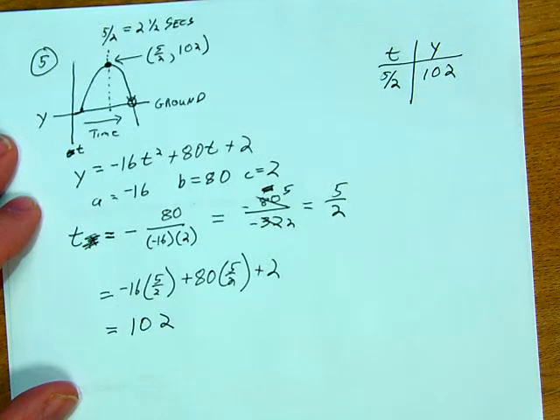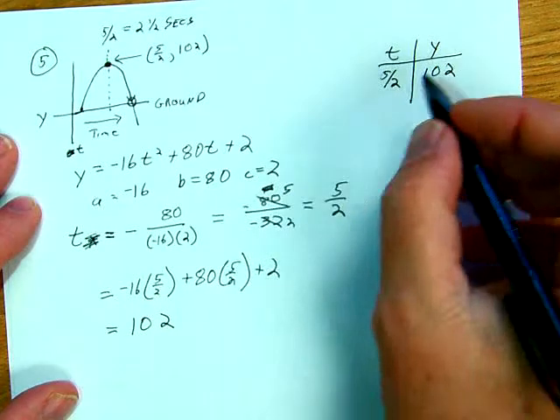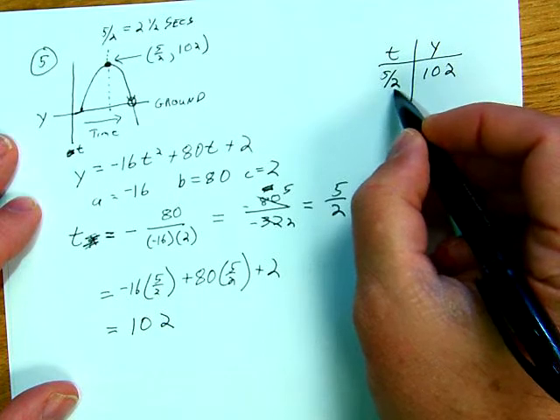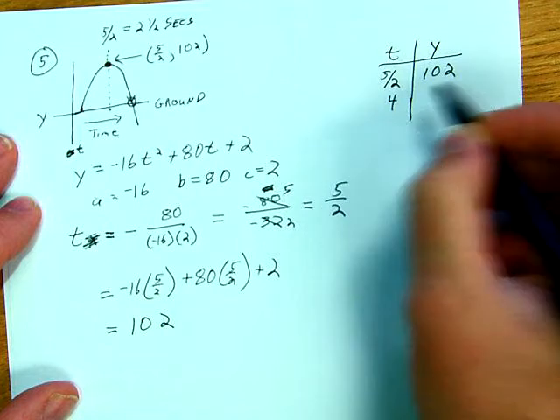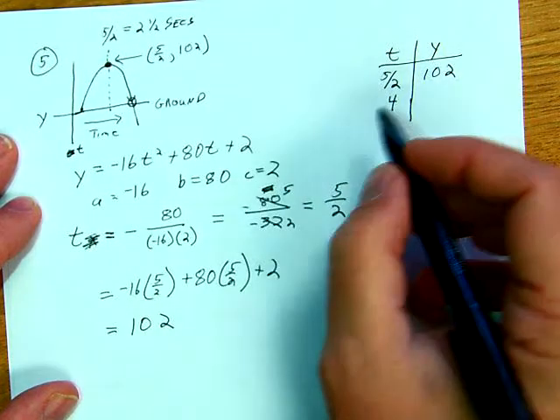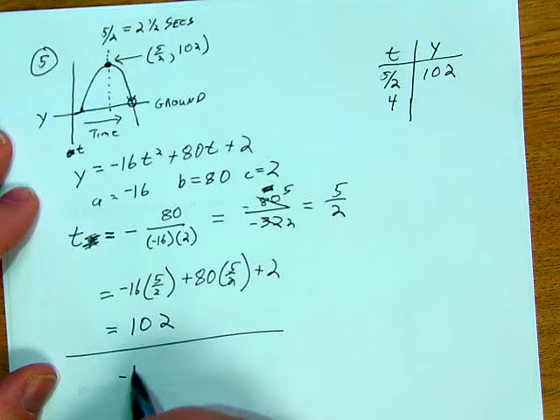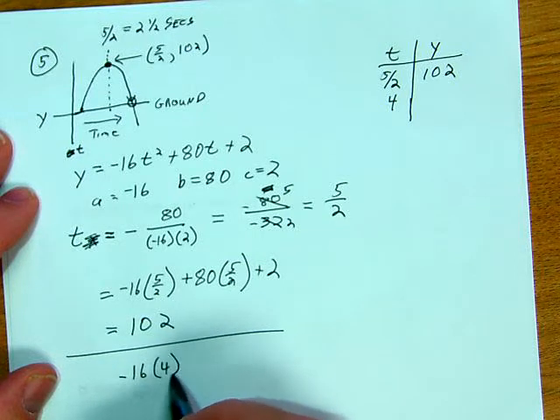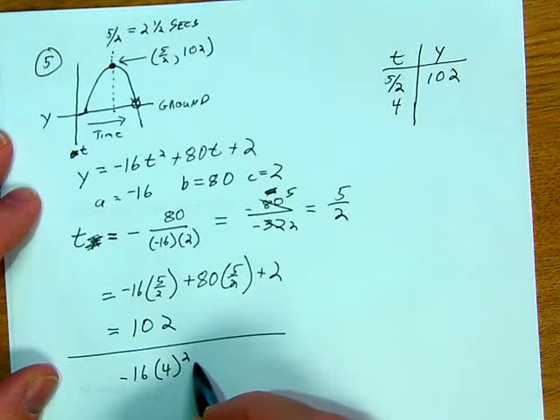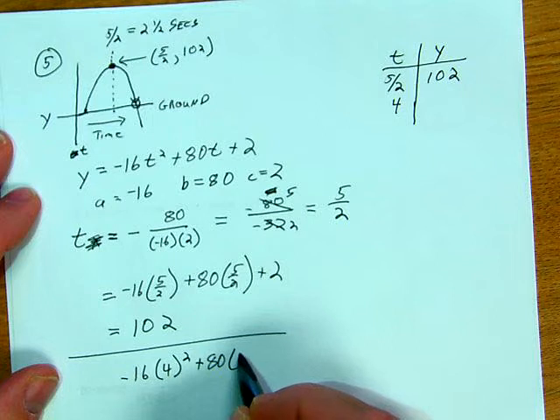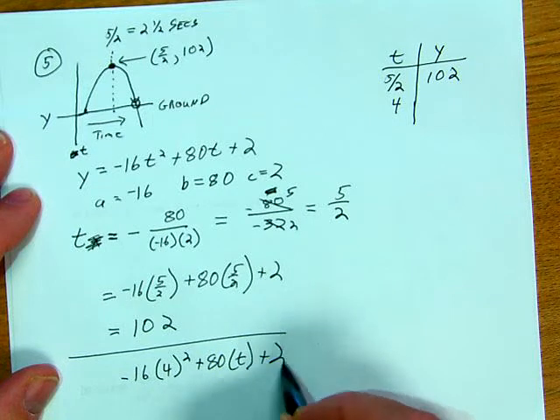All right, so now what do we need to do? We need to calculate out, well, at 2.5 seconds, let's go to 4 seconds. I could go to 3, I'm just going to jump to 4. Okay, so let's do 4 seconds. So t is now equal to 4. You get negative 16 times 4 squared plus 80 times 4 plus 2.